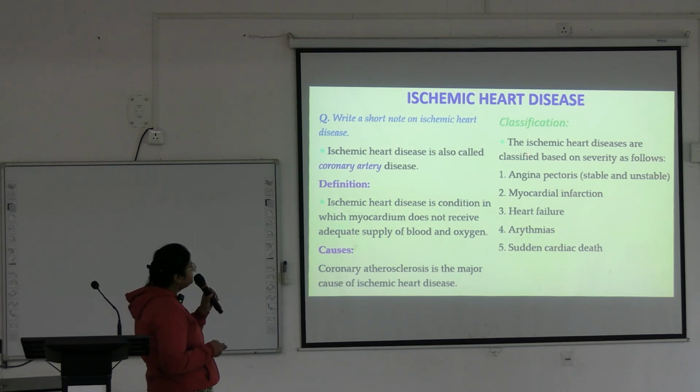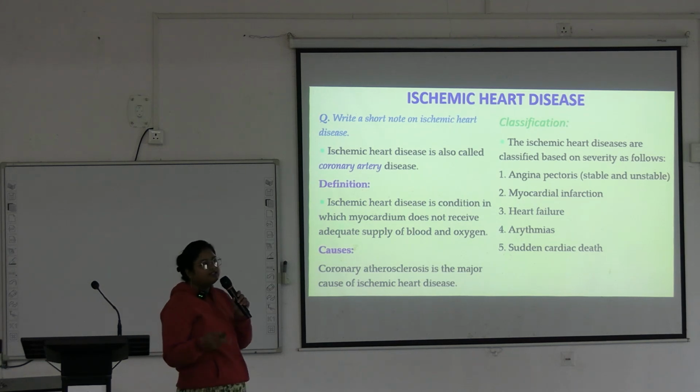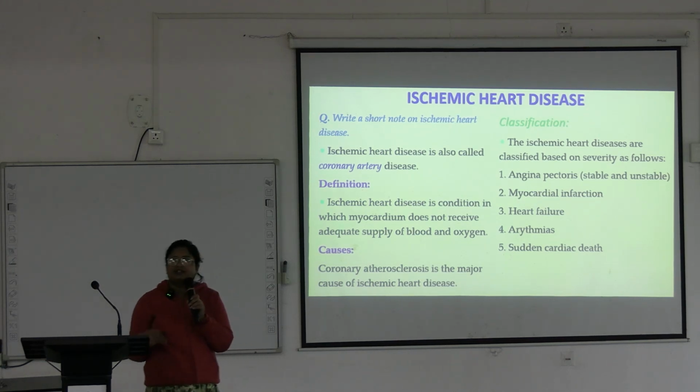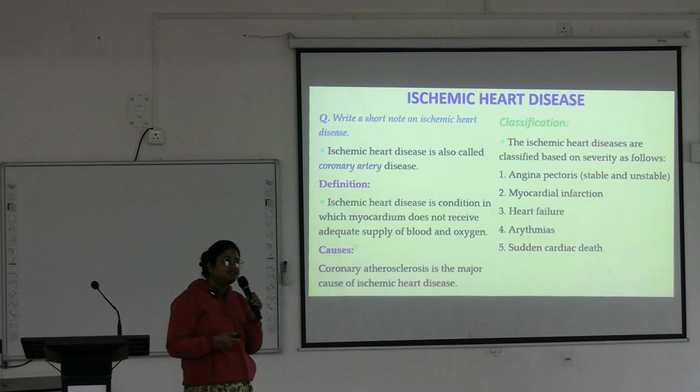Ischemic heart diseases are classified based on the severity of the disease. Angina pectoris, this is stable and unstable angina. Okay, and this is the low grade heart attack. Then there is myocardial infarction. In large part they are losing their blood supply in myocardial infarction.